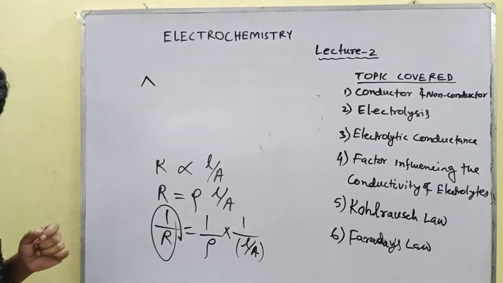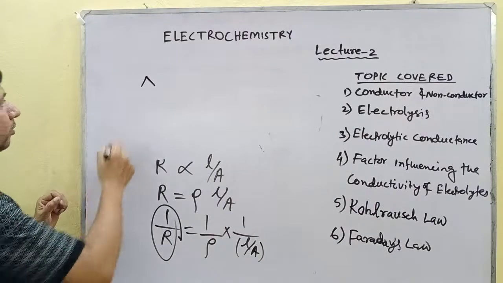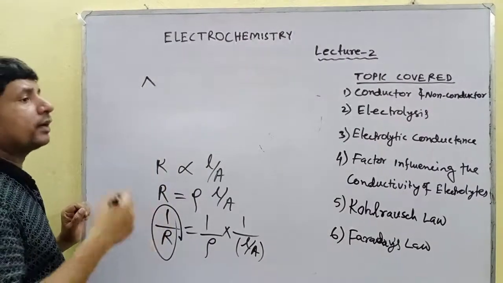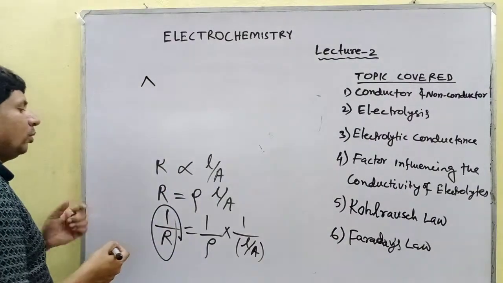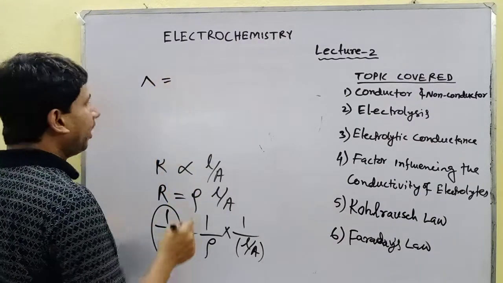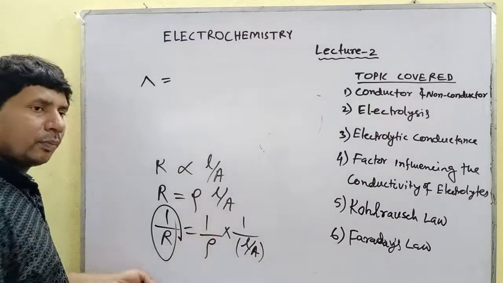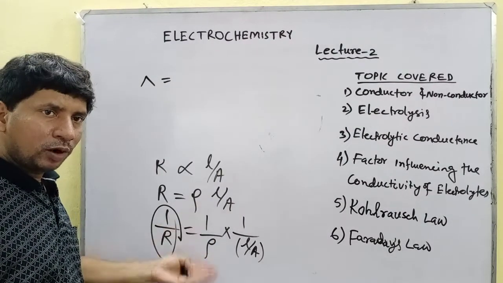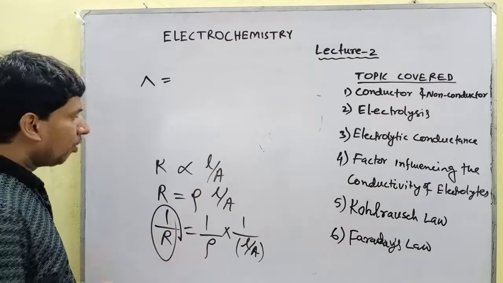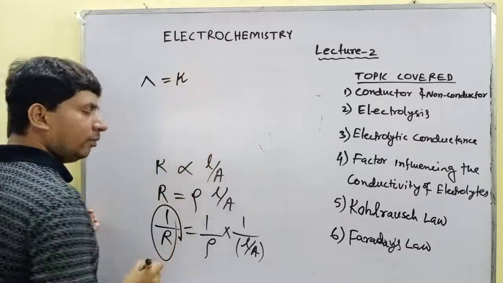This is the capital lambda, which is known as the inverse of resistance, or reciprocal of the resistance, which is known as conductance. Lambda equals 1 by R, and what is this? 1 by rho. That means 1 by resistivity equals specific conductance, which is known as kappa.